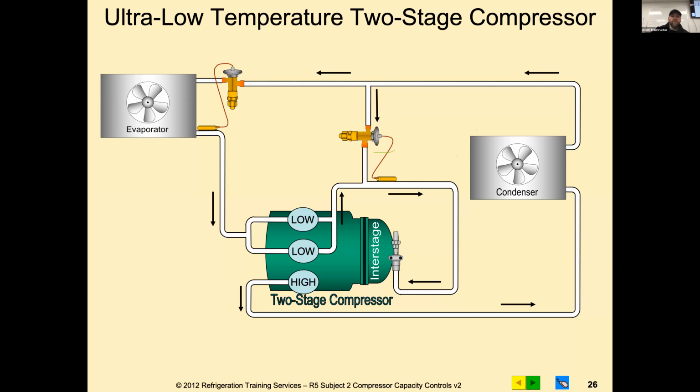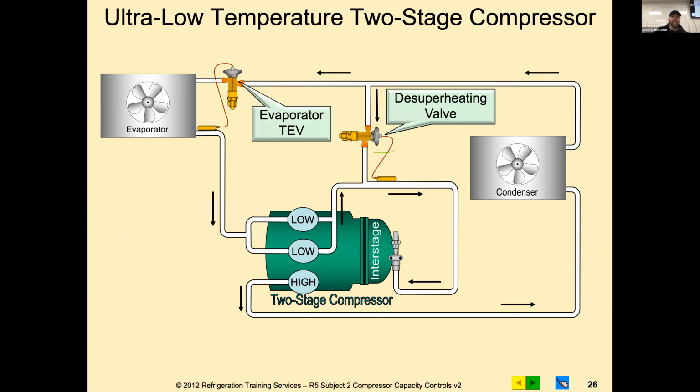This is an ultra low temperature two-stage compressor. What you see is your evaporator suction line comes into those two heads on the low side. The vapor comes in right at those two heads, compresses on the first stage, comes right out of the heads and goes into the bell end on the intermediate stage. Again, we have the desuperheating valve in that intermediate stage, to make sure we have adequate vapor there to continue to absorb through the heat of compression process.